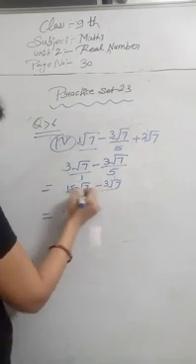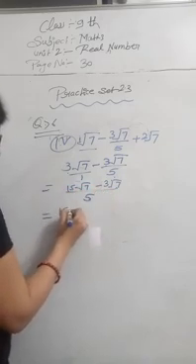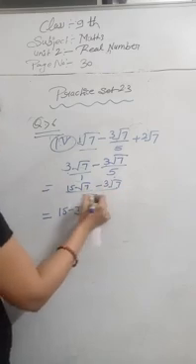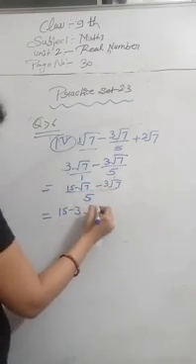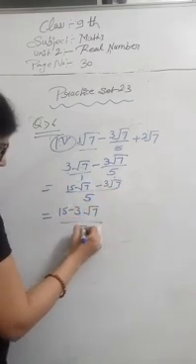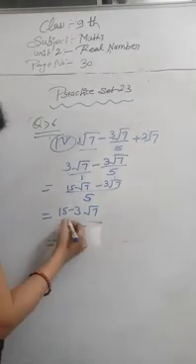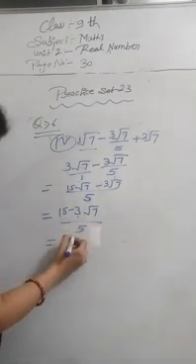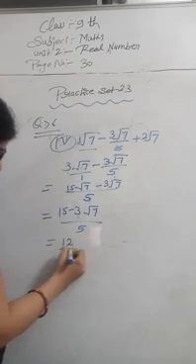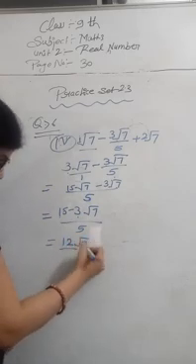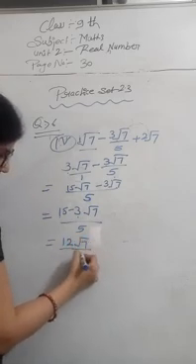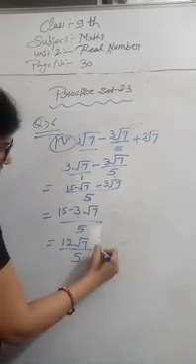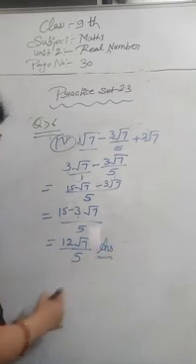Now we will subtract these numbers, 15 minus 3 and root 7 as it is, and put 5. So 15 minus 3 is 12. 12 root 7 by 5.